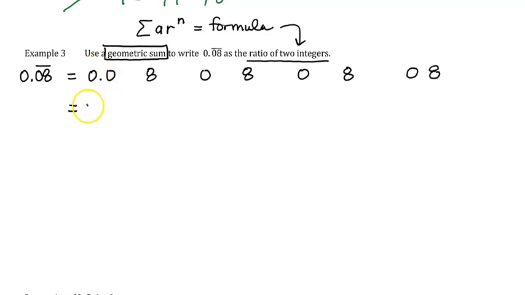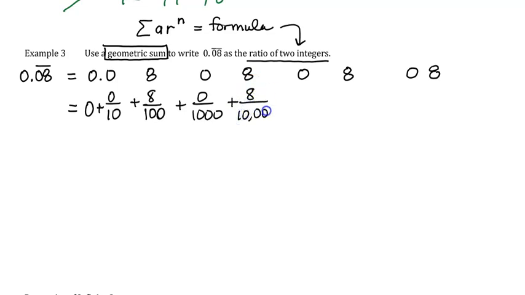We start off with a whole number of 0 that's added to 0 in the tenths place. That's added to an 8 in the hundredths place, 8 hundredths. That's added to a 0 in the thousandths. That's added to 8 10,000ths. And I'll just continue this process for a few more of the terms.